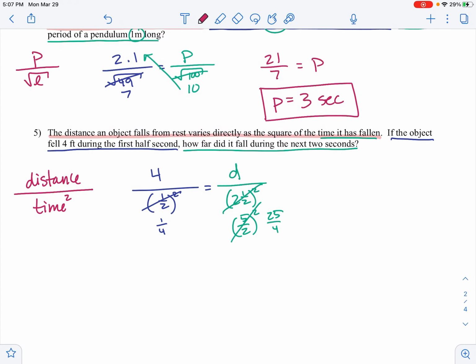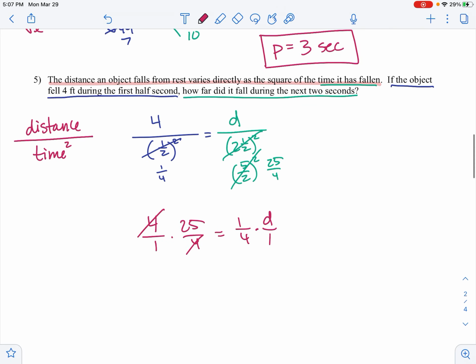So I'm going to cross multiply. 4/1 times 25/4 is going to be equal to 1/4 times d/1. In this case, my 4's cancel, so I just have 25 is equal to d divided by 4. And the way I say it like that is because now to undo dividing, I can just multiply.